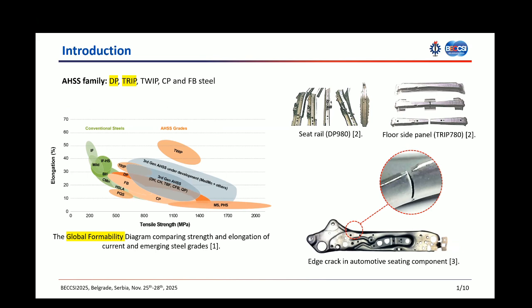The combination of a soft matrix and a hard second phase, like martensite, provides high strength while maintaining excellent global formability, as represented by elongation. However, strain localization at the soft and hard phase interface leads to poor local formability and promotes premature edge cracking during stamping in parts like seat rails or floor side panels.